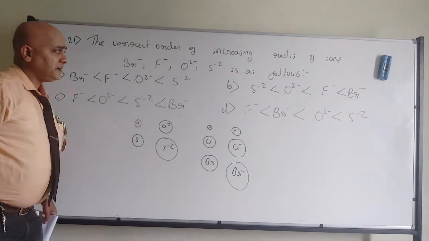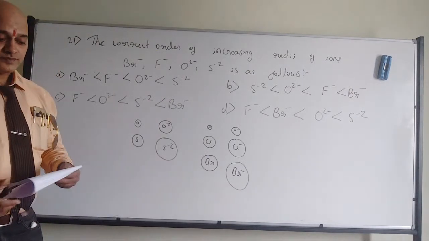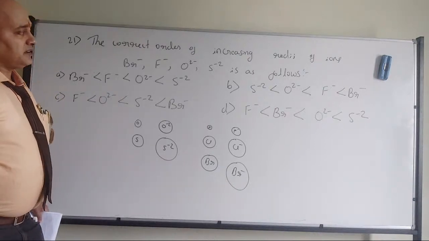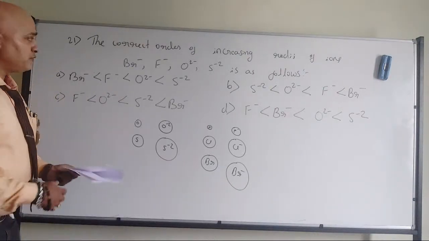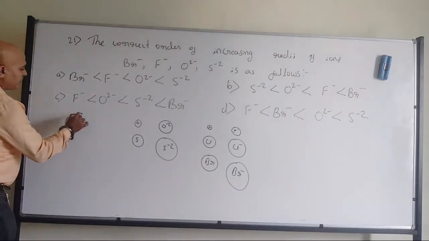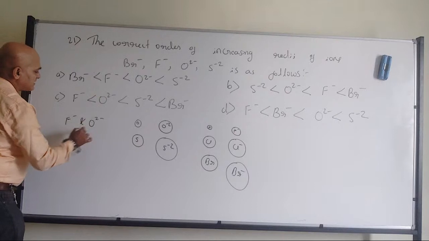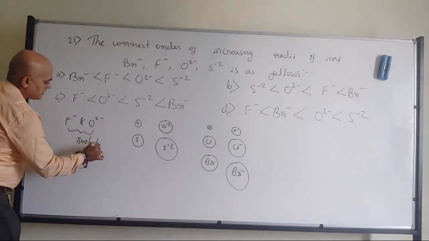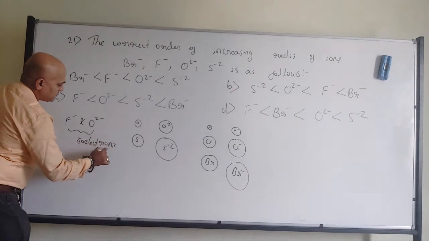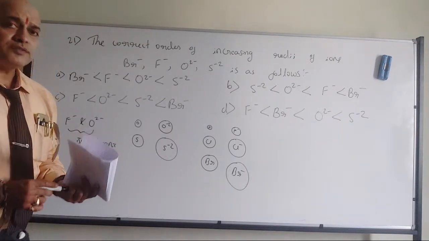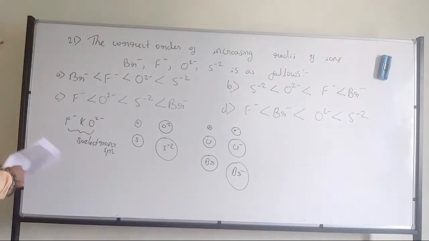Now, if you observe it carefully, I can tell that fluoride and oxide are isoelectronic species. Both of them have 10 electrons.